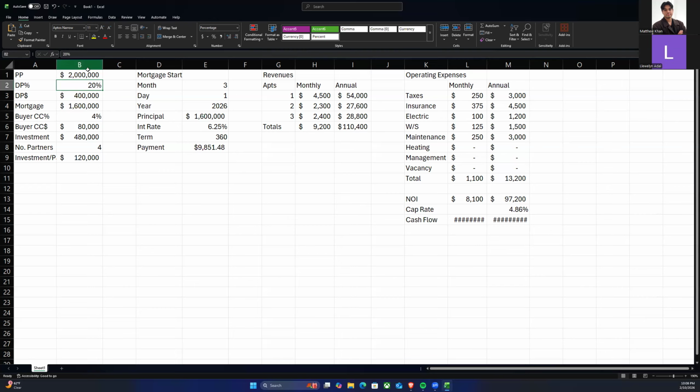Now, if you borrowed, say, 9,000 and had 1,000, it doesn't matter if you borrowed the money. The cap rate is still 4.86%. What changes is your cash flow, because you have to pay the debt on the 9,000 that you borrowed.